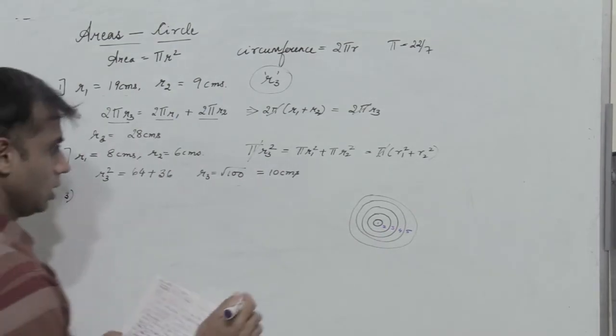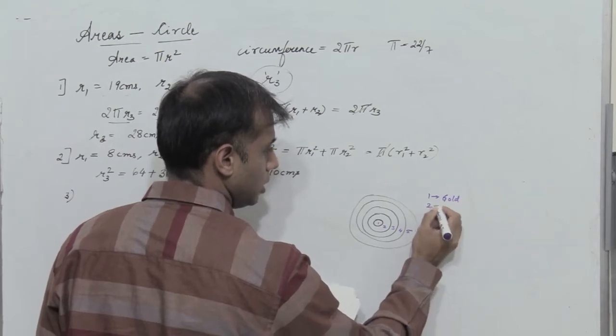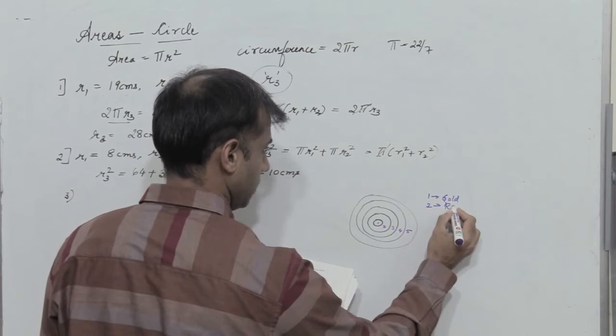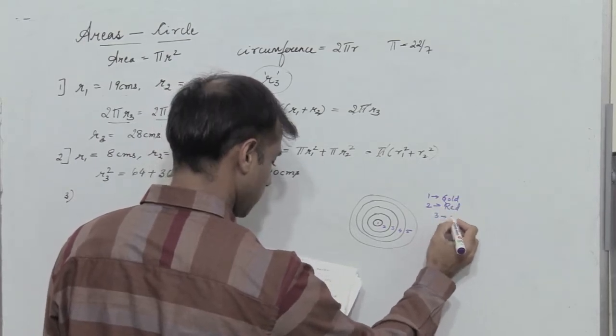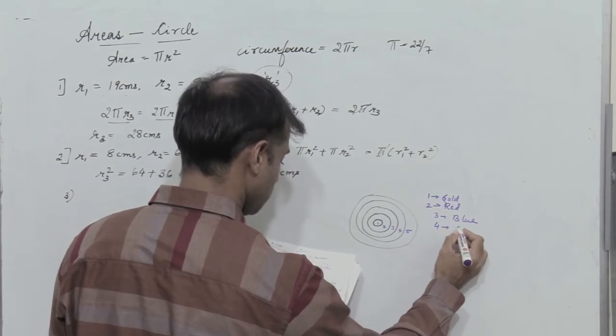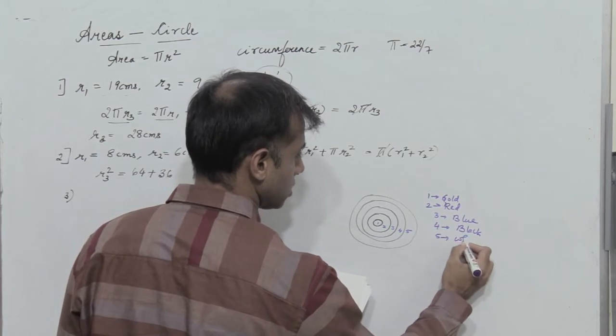Now region 1 is of color gold, region 2 is of color red, region 3 is of color blue, region 4 is of color black, and region 5 is of color white.